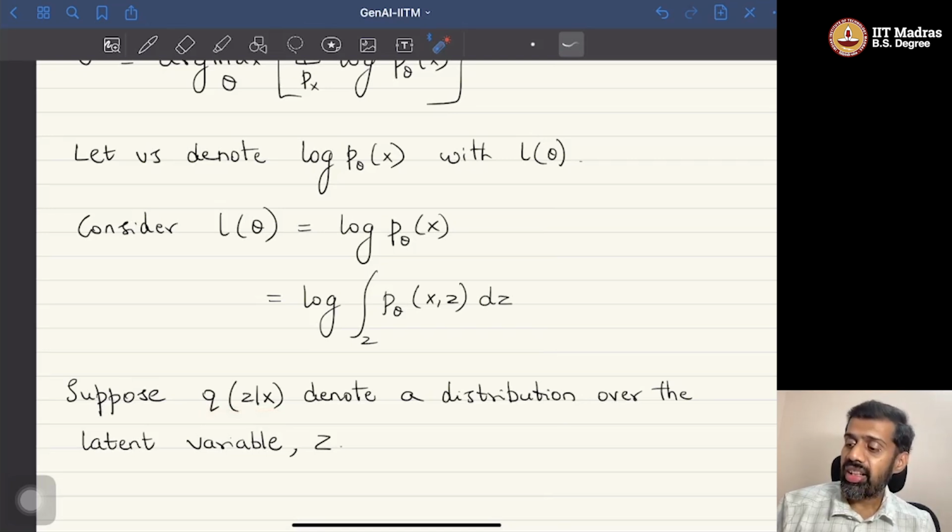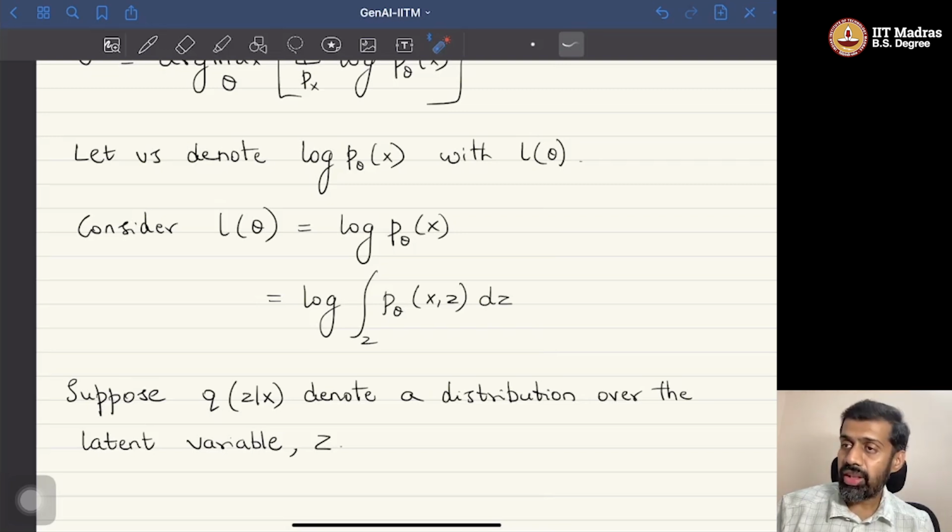As I said, we will very soon see that our estimation procedure will also involve estimating this particular distribution over the latent variable, because in a latent variable model we will not only estimate the model parameters but also a distribution over the latent variables.